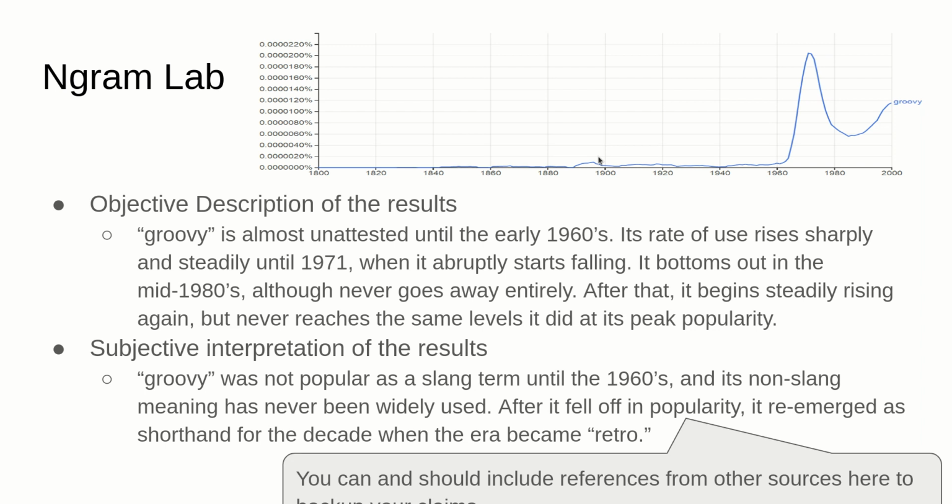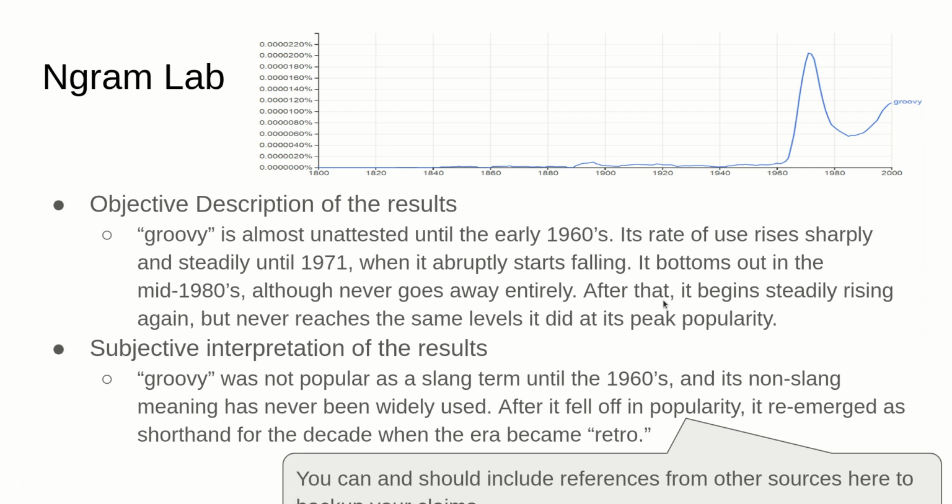Was it a slang term or was it a formal term? And the Ngram system does actually allow you to do this, to look at some of the uses in context and find that out. And so you should find references either through the Ngram system or through looking up other reliable resources on this.